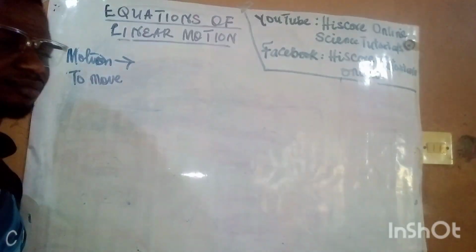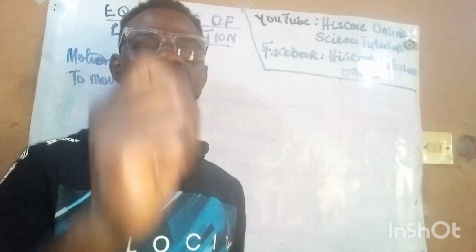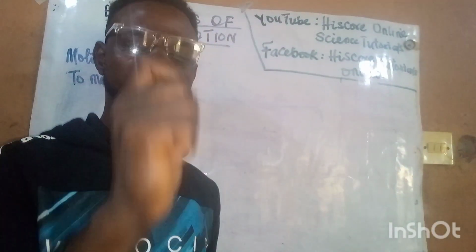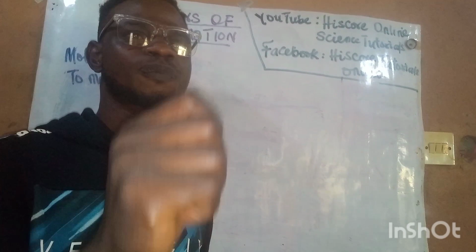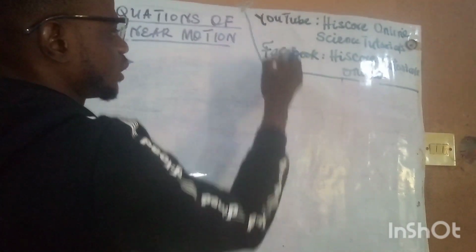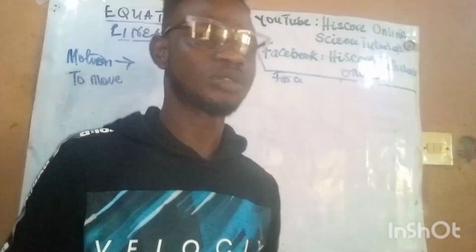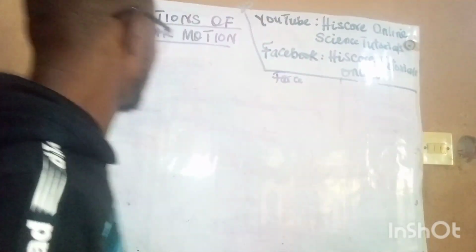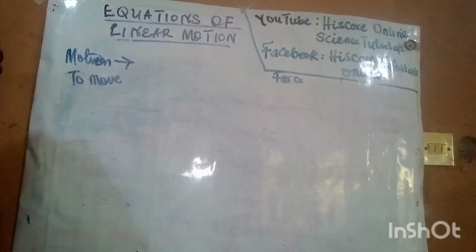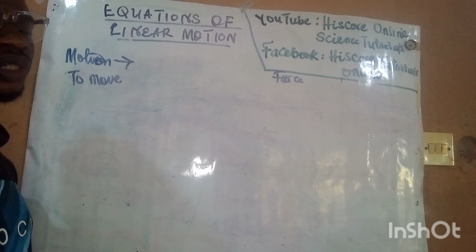And don't forget, the only agent qualified to start a motion, to alter it or to stop it is force. Force is the only agent that has the authority to change motion. So motion simply means change of position with respect to time.